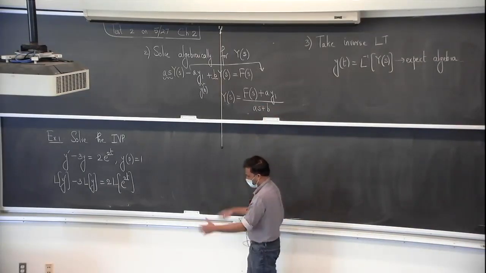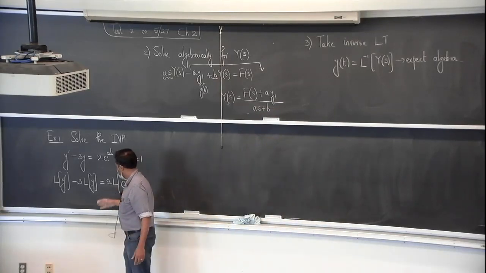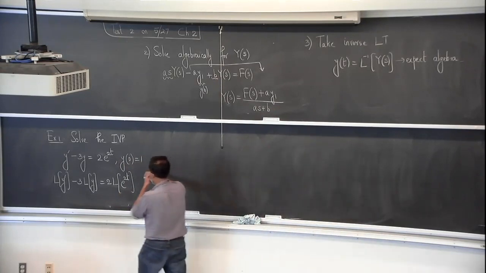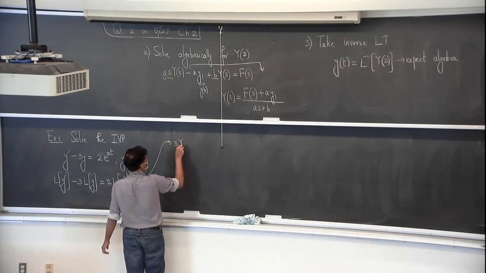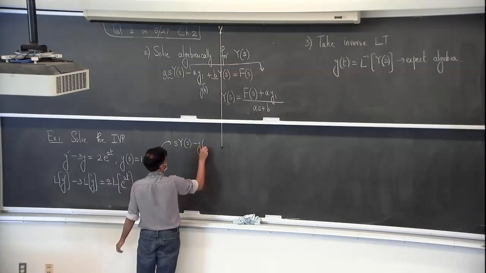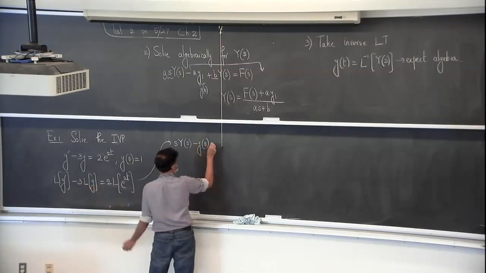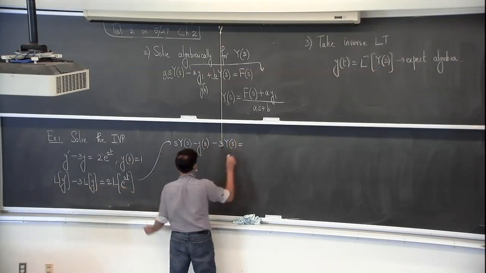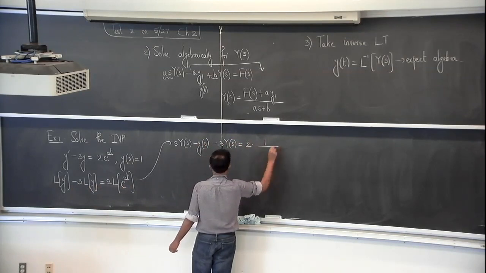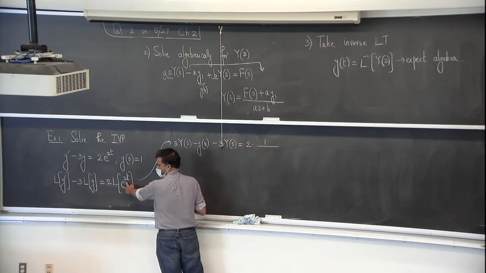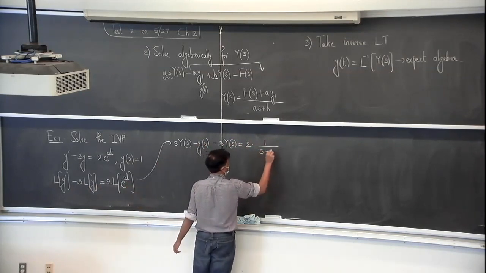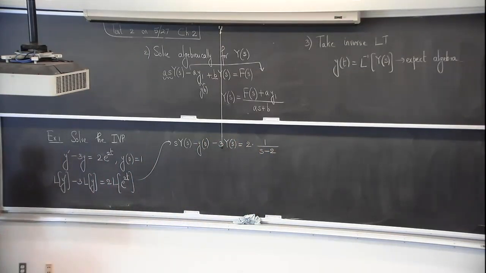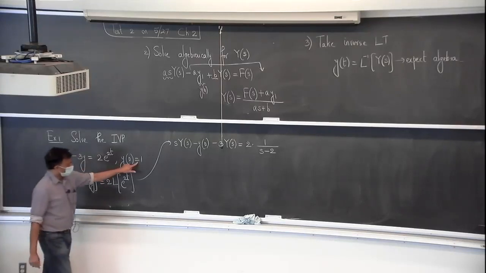Just do the problem based on what is given to you. Don't memorize that or use that. So this is going to be s Y of s minus y of 0 minus 3 Y of s equal to 2 times the Laplace of e to the 2t. Case number 3 is 1 over s minus 2. And y of 0 is 1. Okay, so let's plug it in.